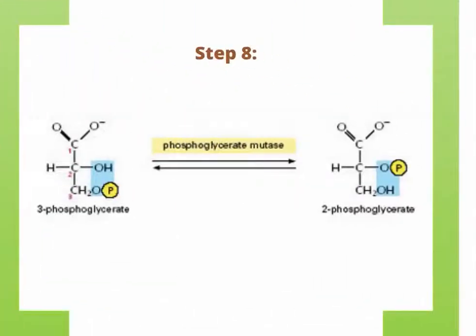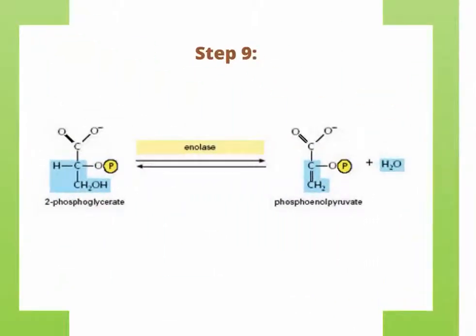In step 8, the remaining phosphate ester linkage in 3-phosphoglycerate, which has a relatively low free energy of hydrolysis, is moved from carbon 3 to carbon 2 to form 2-phosphoglycerate. Step 9, the removal of water from 2-phosphoglycerate creates a high-energy enol phosphate linkage.